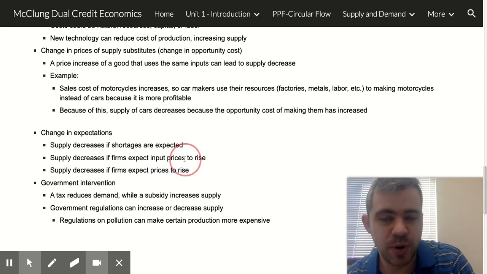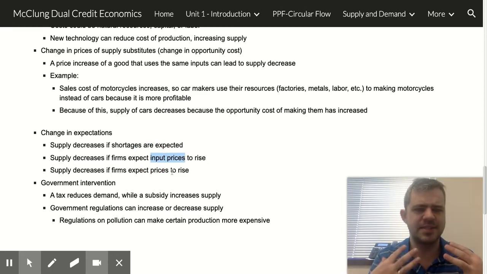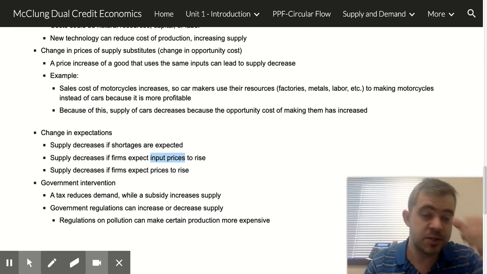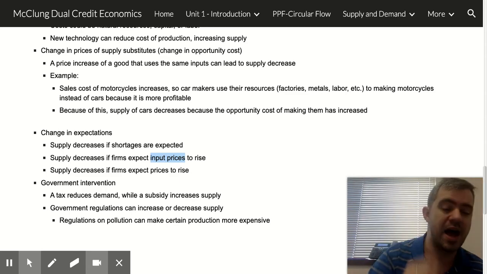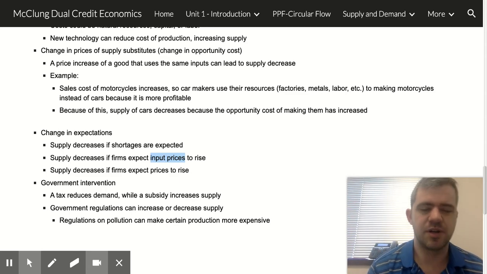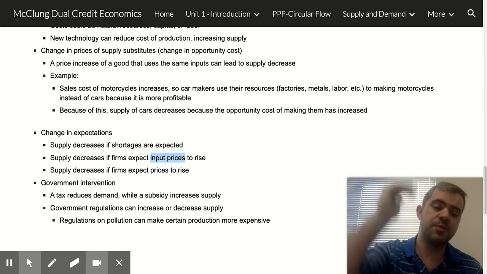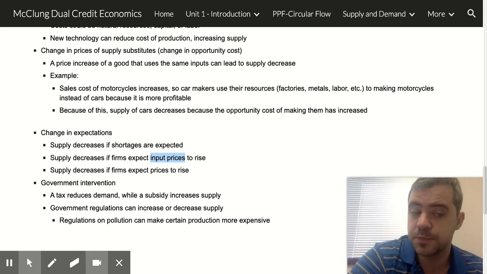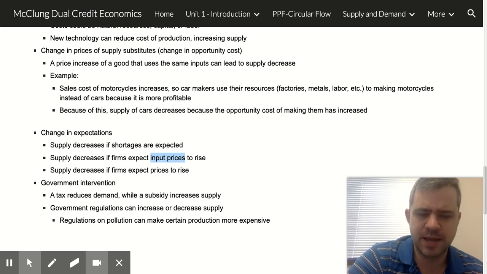Now, what about input prices, the prices it costs me to make the thing? If I expect my input prices to rise, that means it's about to become more expensive for me to make this thing. So it's going to cost me more later.